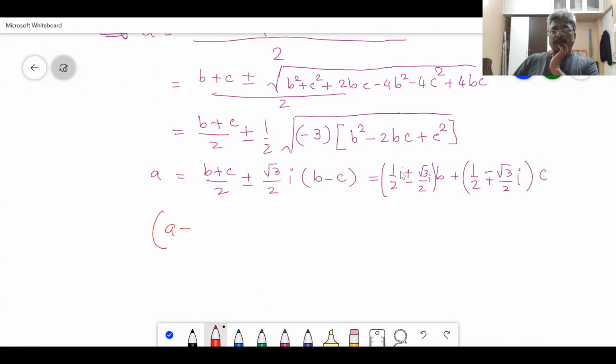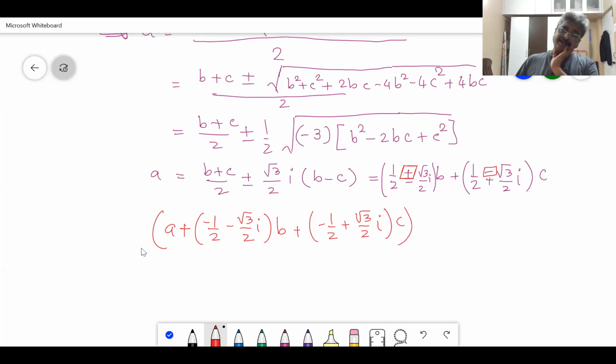Okay. So now if we collect a minus. So let me write down a plus so that I take minus inside and make my life a little easy, which is minus half minus root 3 by 2 i times b plus minus half plus root 3 by 2 times i c.